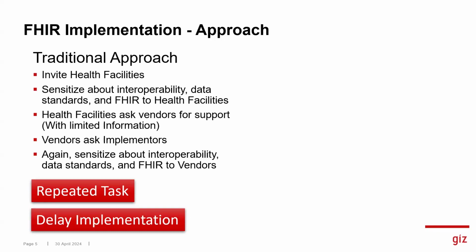Then the health facilities should inform the software vendors, with the limited information that there is a standard called FHIR, that OpenEMIS is using it, HIB is using it, and how we could implement that with our system. And then the vendor will again ask the implementers what the details are. So with this traditional approach, we saw repeated tasks and delayed implementation.